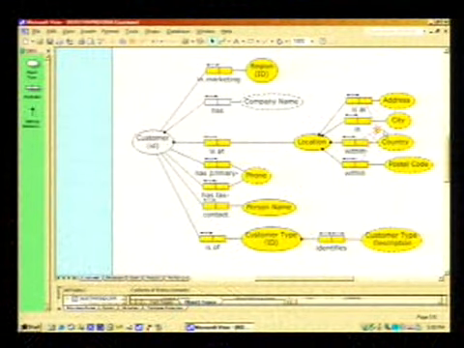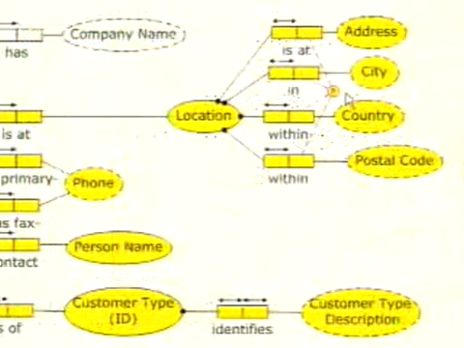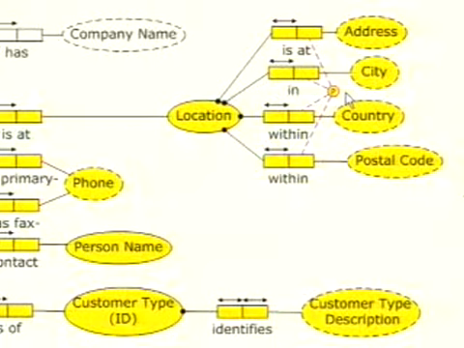Well, it's the address, city, country, postal code in this case. And so we put that together and gave it this primary key over on the side, which says this is primarily how I identify a location at a conceptual level. So now anywhere I want to use location, I'm going to get the same definition of location. It's always going to be the exact same columns, the same data types, the same structure.